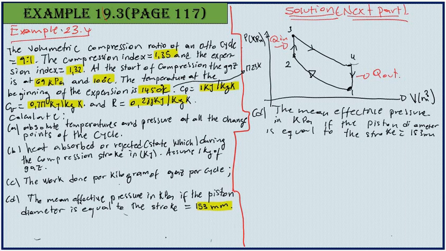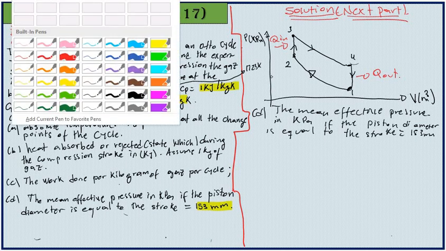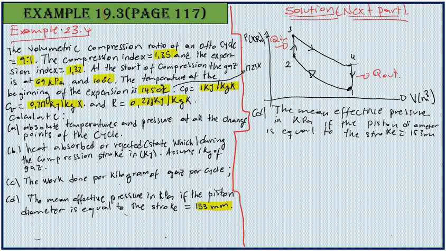So now here there is something they want us to determine: the mean effective pressure in kilopascal if the piston diameter is equal to the stroke. So what we are going to do here is, we know that the work done of the cycle is represented by the area inside the cycle.